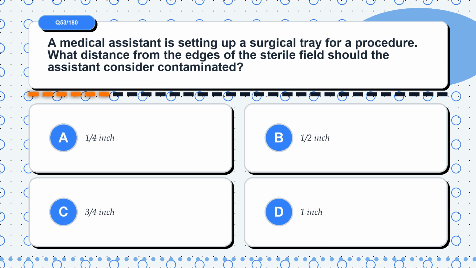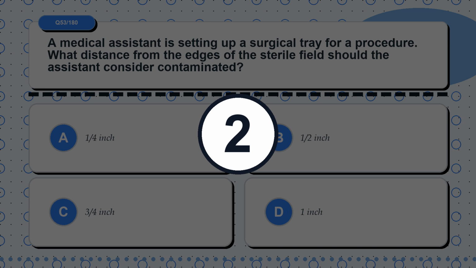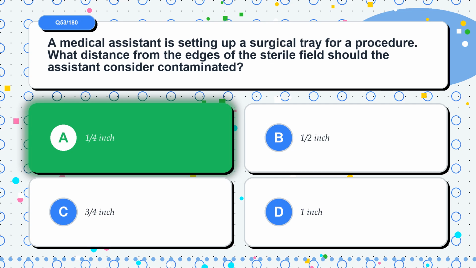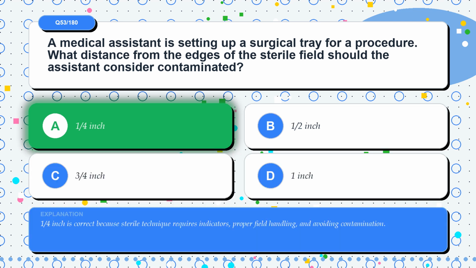Option C, 3/4 inch. Option D, 1 inch. The correct answer is option A. 1/4 inch is correct because sterile technique requires indicators, proper field handling, and avoiding contamination.